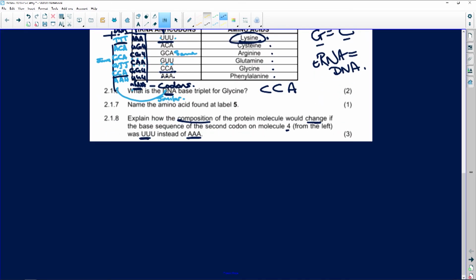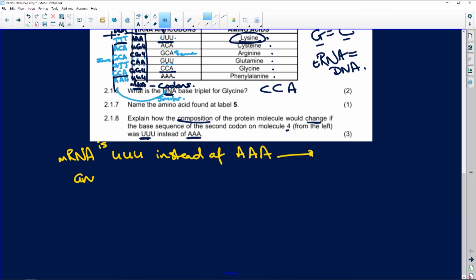Well, look at this. If the messenger RNA is UUU instead of AAA, what's going to happen?